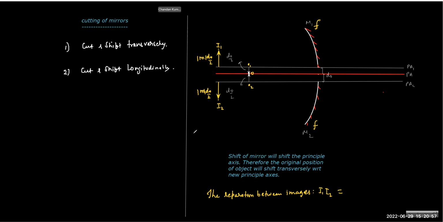I'm just writing the value. It's mod of m d naught by 2 plus d naught plus mod of m d naught by 2, correct? This turns out to be 1 plus mod of m into d naught by 2. Understood? Yes, sir. Or I think we can remove the mod because, yeah, I can.